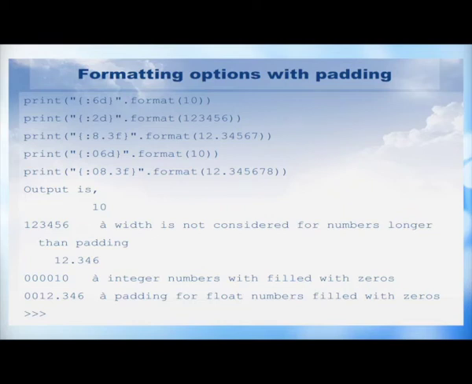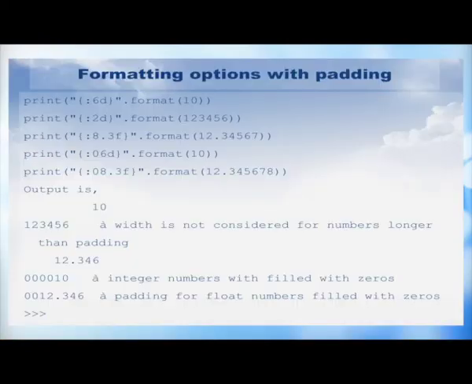And note the second print statement, where I want to print 1, 2, 3, 4, 5, 6, but with the format 2d. If the width is smaller, it is not considered for numbers longer than the padding. Then coming to the third example, where I have the formatting option 8.3f. f means float, 8 indicates the number is to be printed as an 8 digit number, of which 3 digits are for after the decimal point.